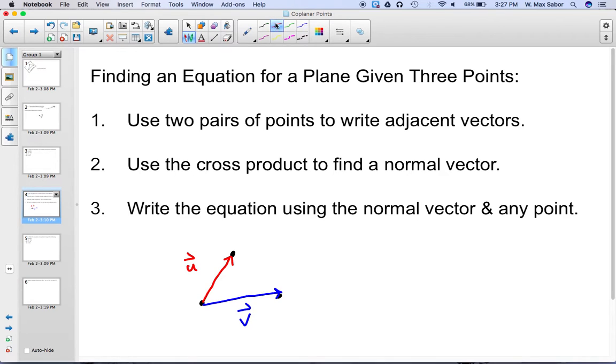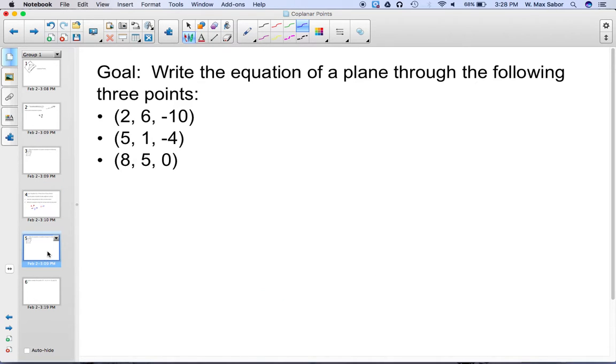Then we find the cross product, u crossed with v. And one of the properties of cross product is it gives us a perpendicular vector, a normal vector. Then we can use that normal vector and any random point to write the equation using our standard form.